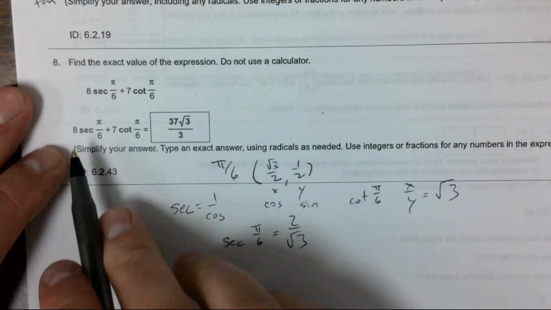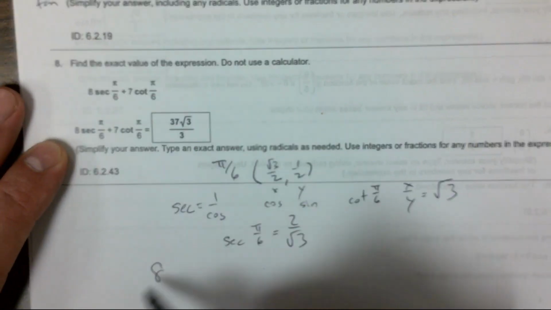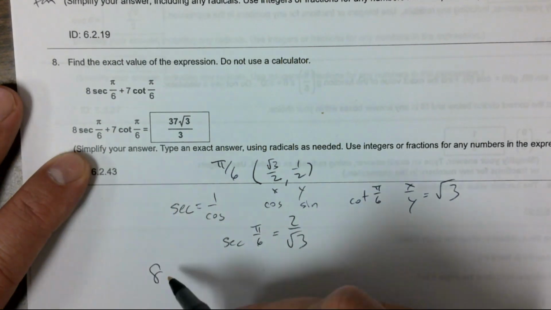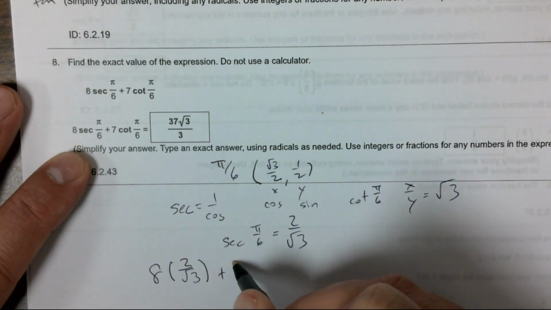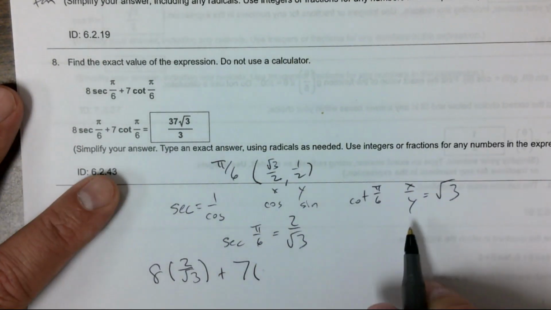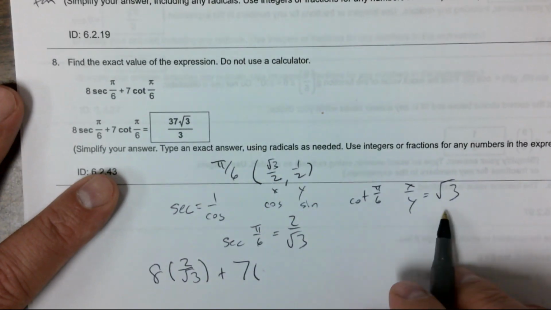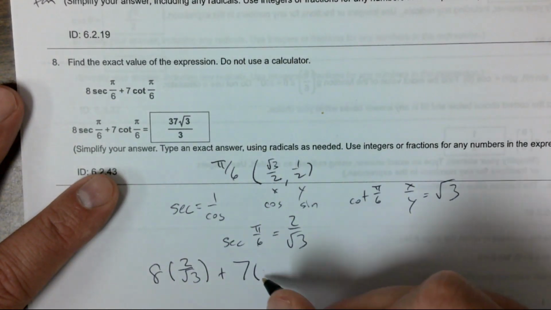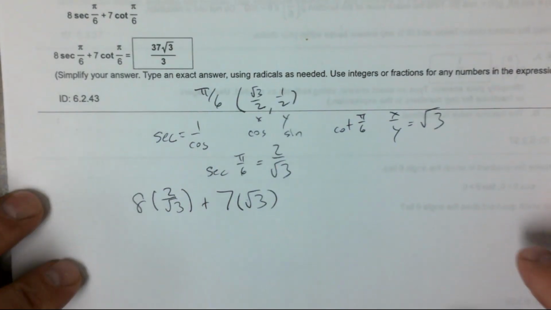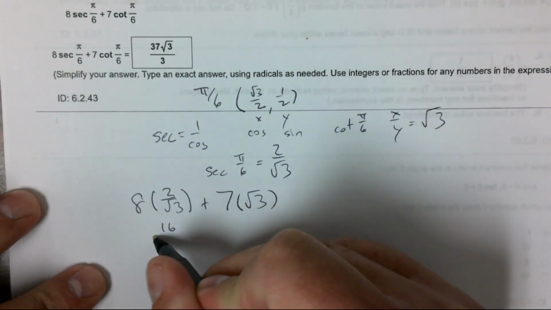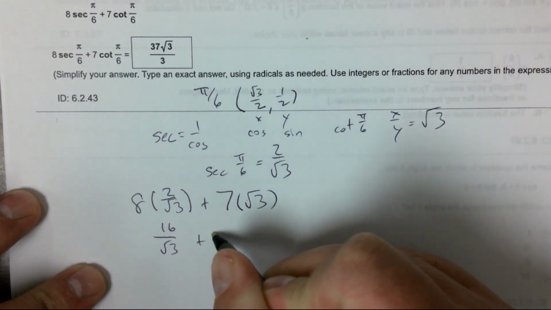You need to keep your 8 in front, and we said secant of pi 6 is 2 over square root of 3 plus 7 times cotangent of pi 6 is just square root of 3. So I would put that as 16 over square root of 3 plus 7 square root of 3.